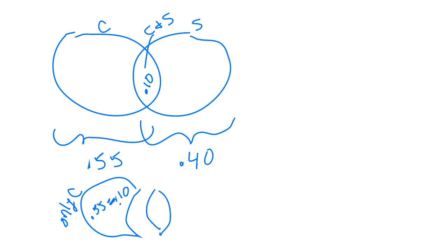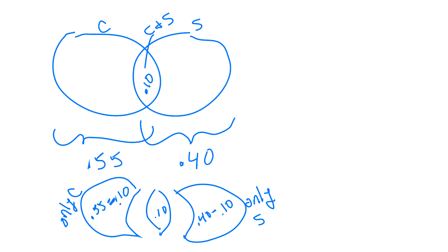This little sliver is 10%, and this half moon right here is only strawberry. It's not overlapping with both. It's not overlapping with chocolate. So this is 40% minus the 10%. You have to subtract out both.